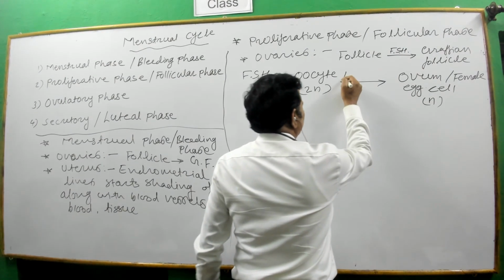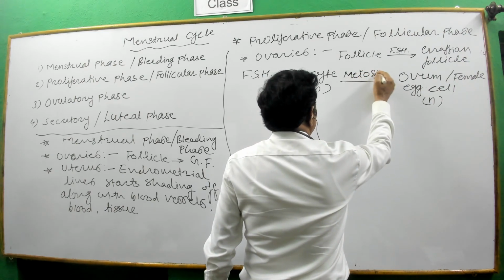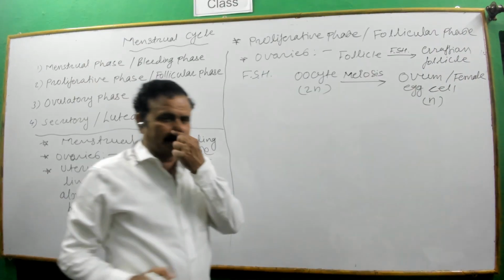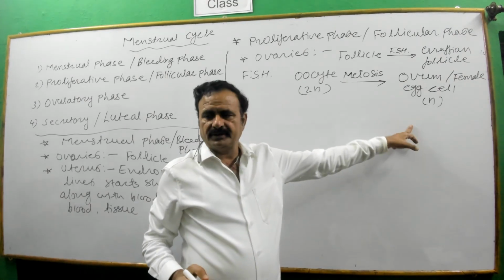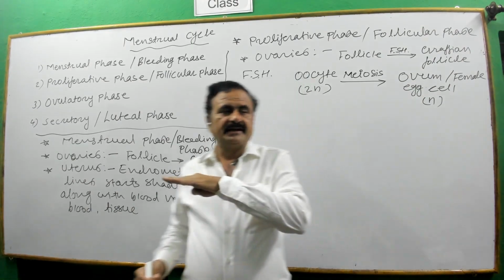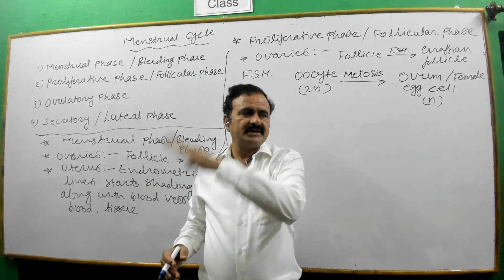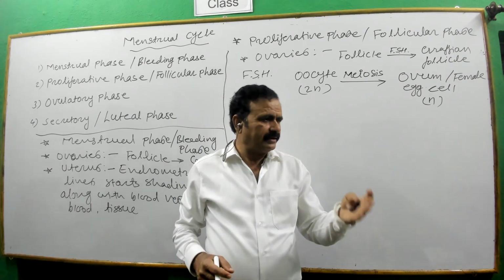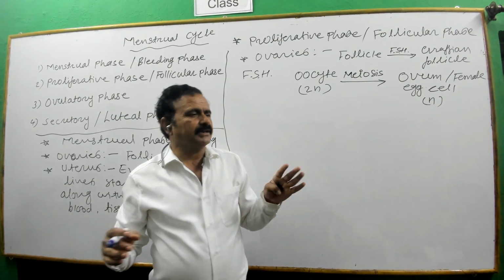Clear? कौन सा प्रोसेस हुआ होगा बच्चों इसके साथ में? Meiosis होगा. Meiosis is a process in which the ploidy level is converted from 2n to n. In case of mitosis, the ploidy level is written as it is: if the ploidy level is n, it stays n, and if it is 2n, it stays 2n.